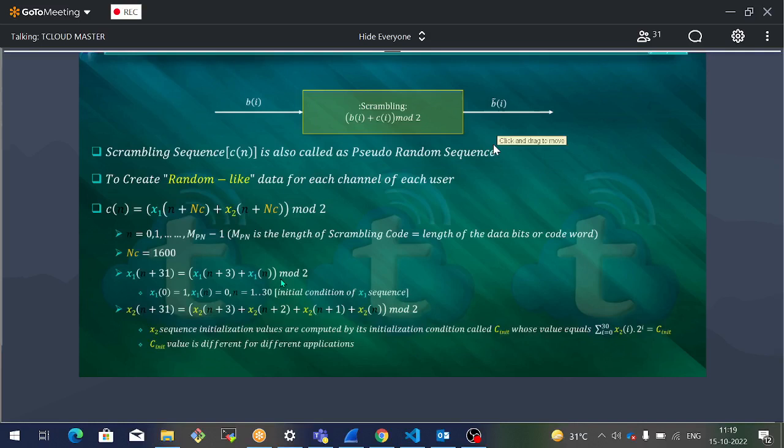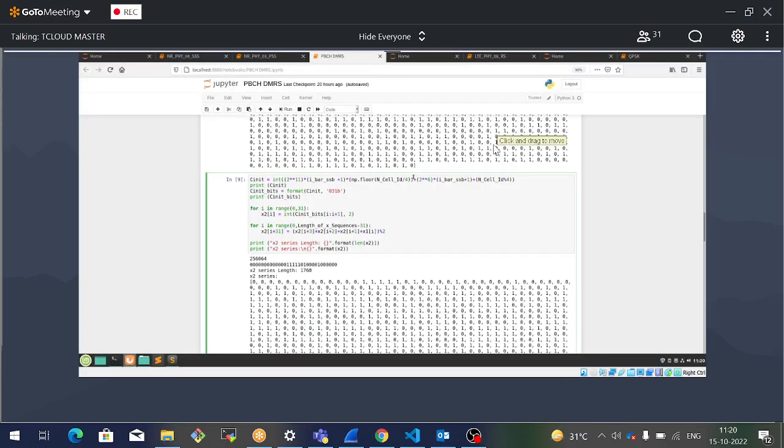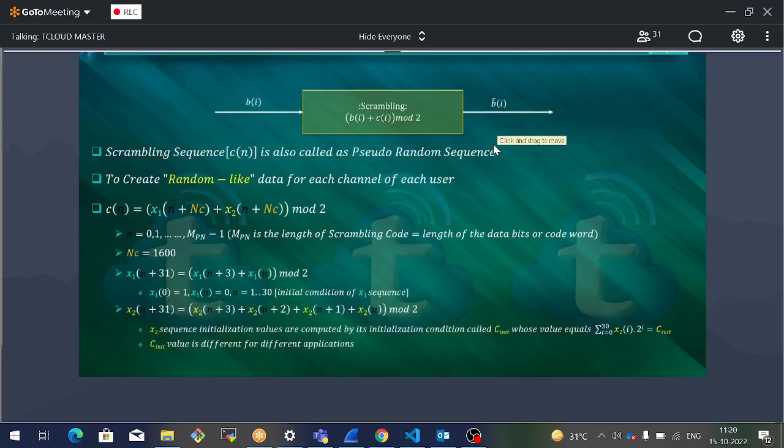To calculate c_init, we have this formula that I have already shown you: 2 to the power of 11 times (i_SSB bar plus 1) times (floor of N_cell_ID by 4 plus 1), plus 2 to the power 6 times (i_SSB bar plus 1), plus N_cell_ID modulo 4, which gives you the remainder. This is the same c_init formula that I have shown you for the PBCH DMRS case.